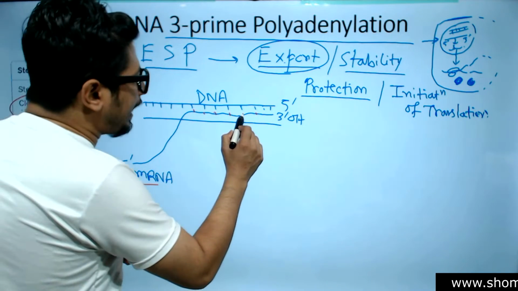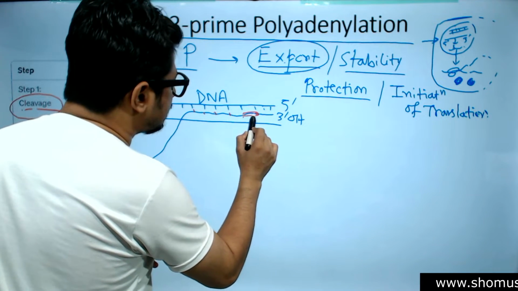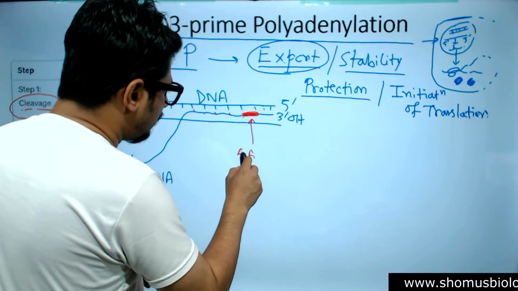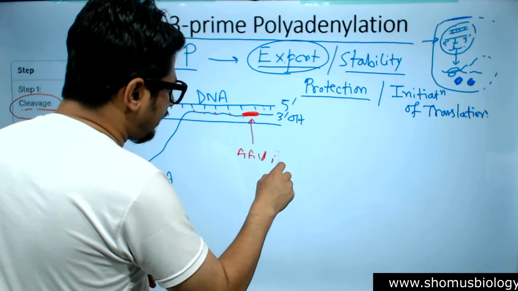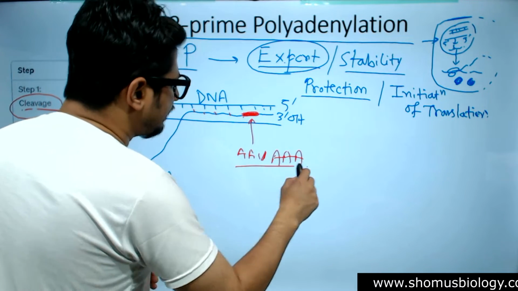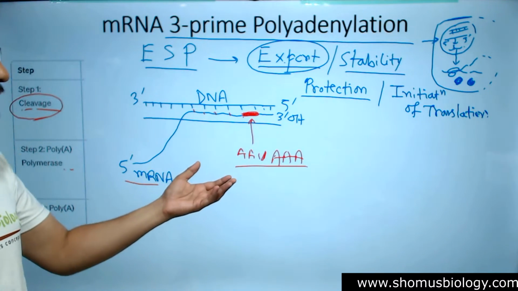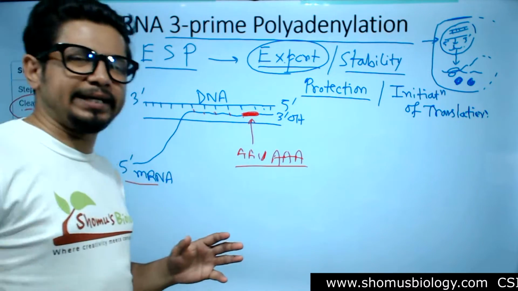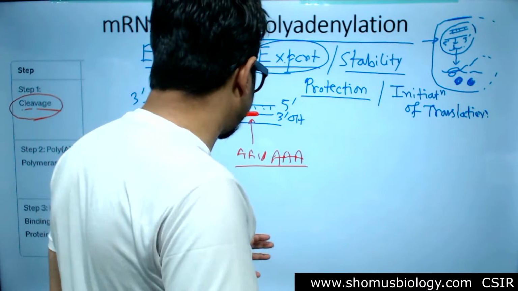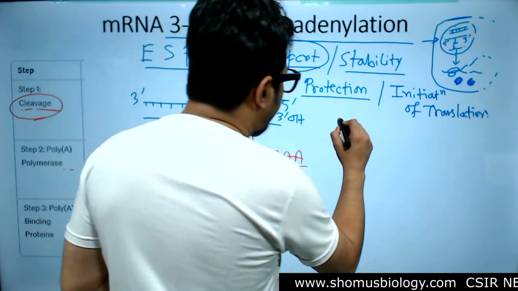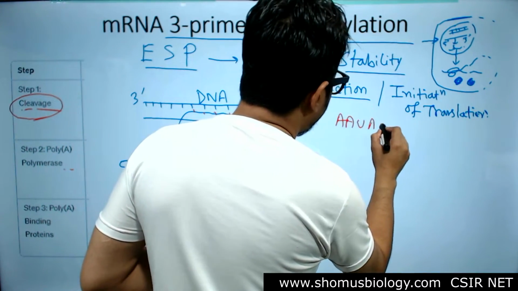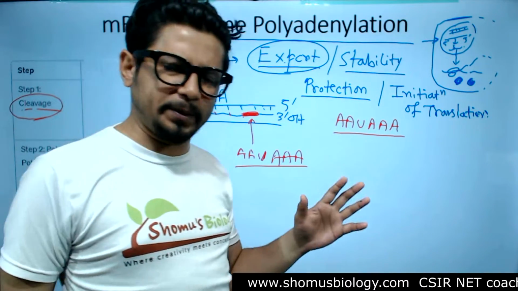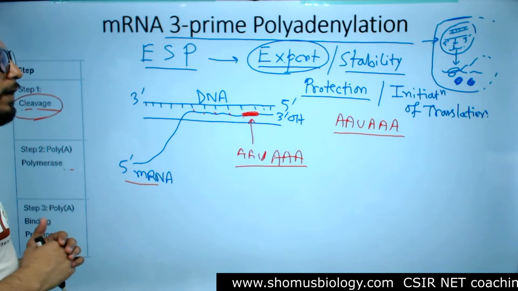Why? Because they have this particular sequence, and let's say this sequence here is A, then U, then A. This typically acts as a sequence marking the polyadenylation, a requirement of polyadenylation, and this sequence is present. Remember, U, A, and there are differences of this sequence from species to species, but almost similar sequences are found.